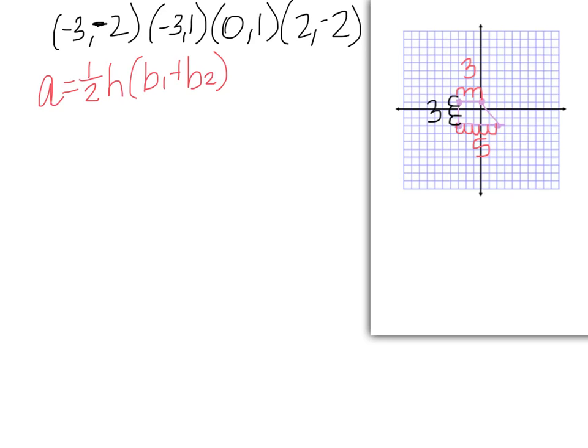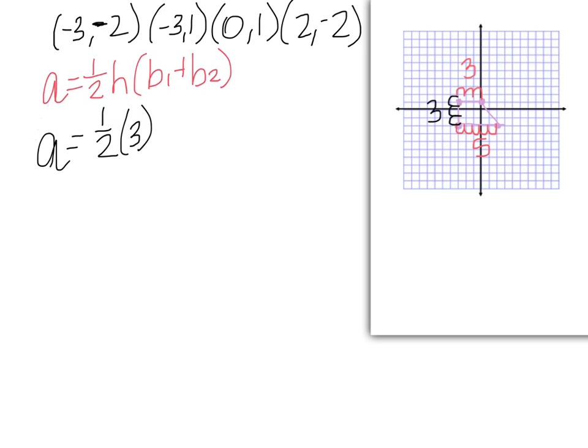So if we look at our formula, we have all the 3 pieces that we need in order to find it. So let's go ahead and plug in, and then we can chug. So area equals 1/2, and our height is 3, times the quantity of base 1, and it doesn't matter which one you pick, I'm just going to do 3 because that's the top, plus 5. So let's go ahead and simplify this. Remember, order of operations says we have to do the inside of the parentheses first.